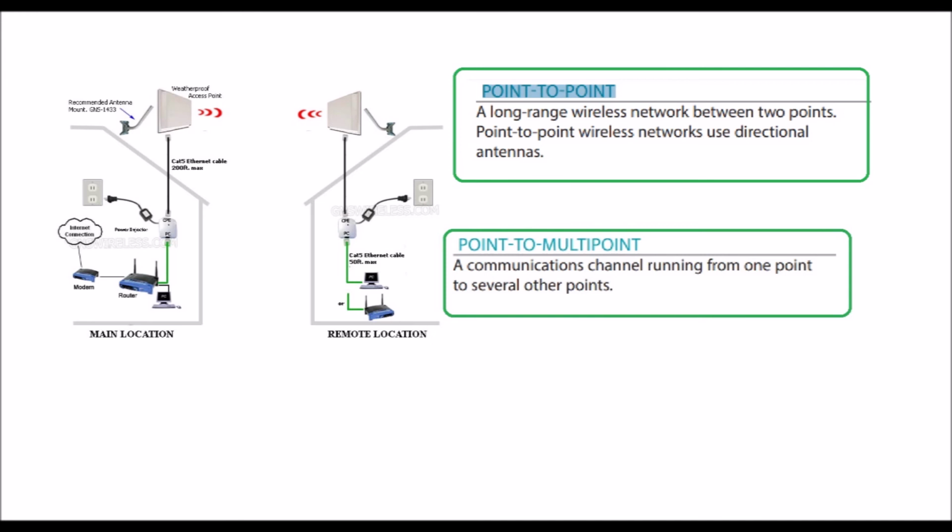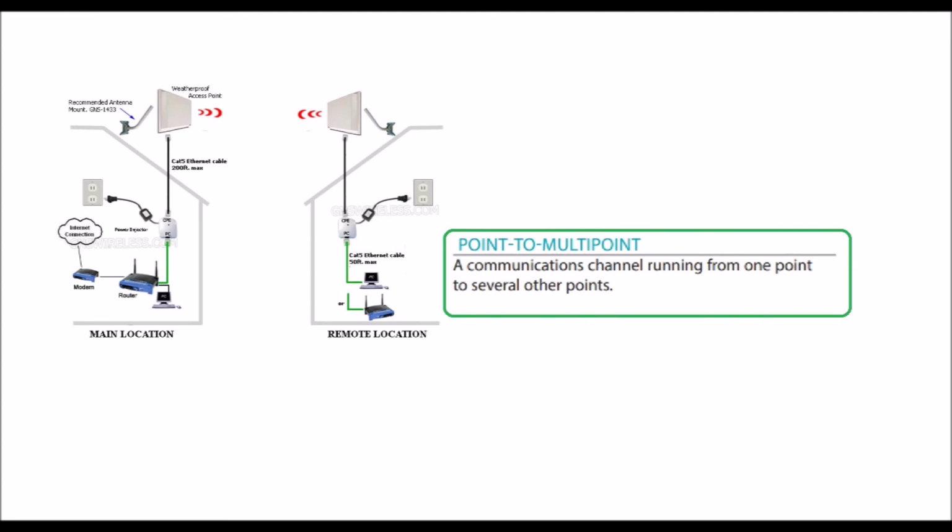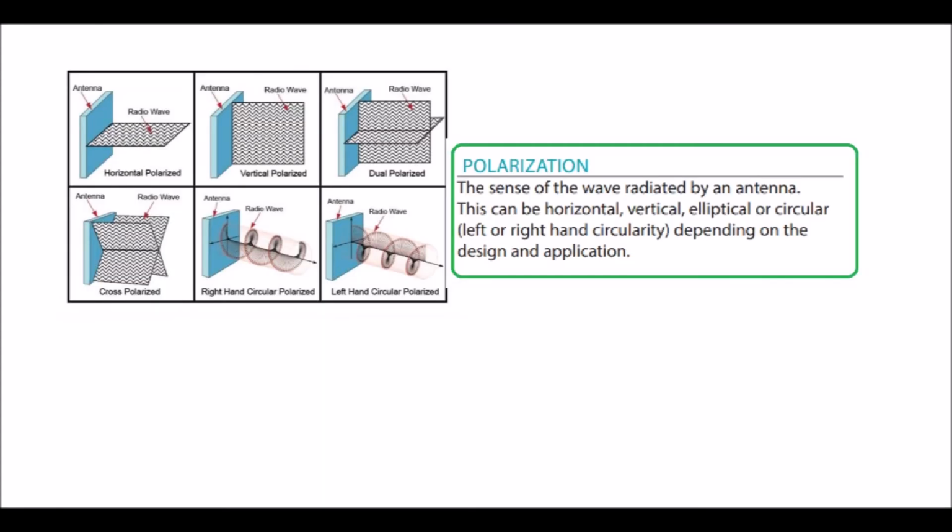Point-to-point. A long-range wireless network between 2 points. Point-to-point wireless networks use directional antennas. Point-to-multipoint. A communications channel running from one point to several other points. Polarization.